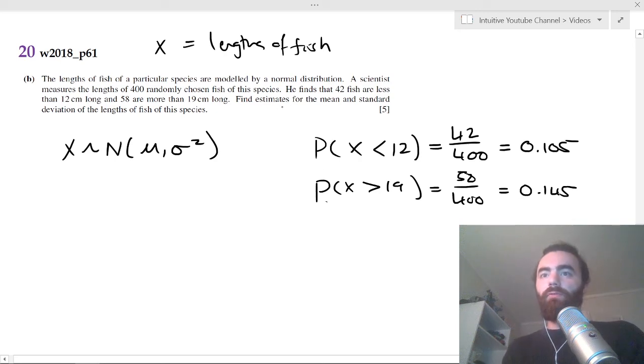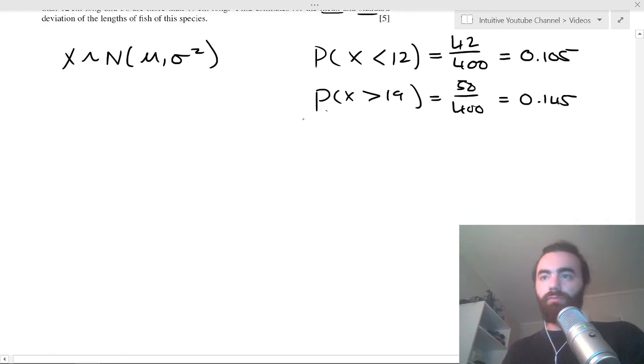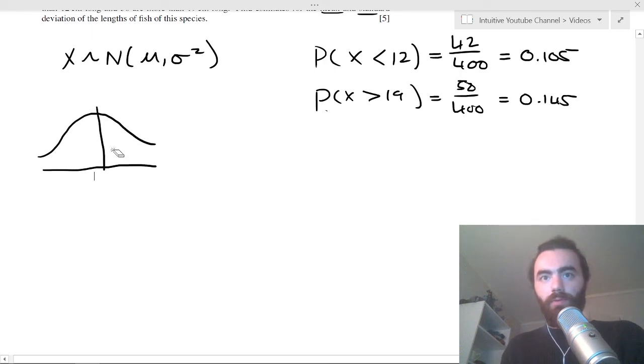And it wants us to find estimates for the mean and standard deviation of the lengths of fish of the species. Well, what do we always do? Draw this stuff out. So let's do that. Okay, so the probability that x is less than 12 is this. So that means that 12 is on this side, and this is your mean.